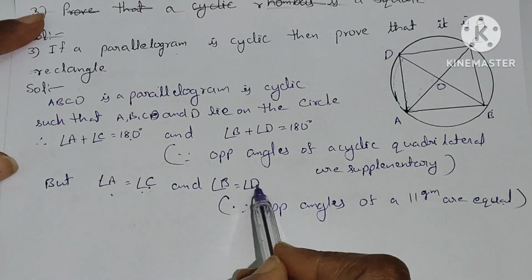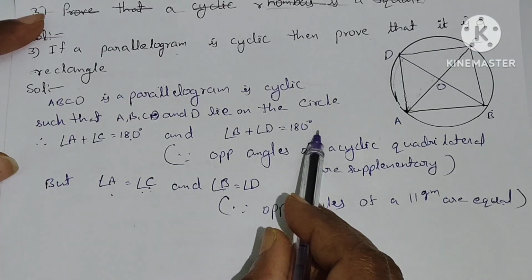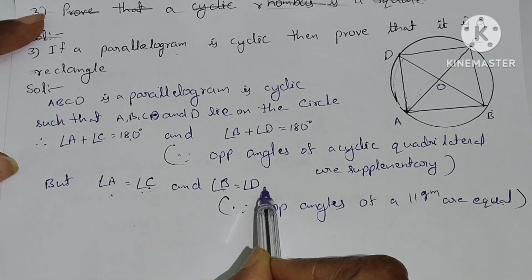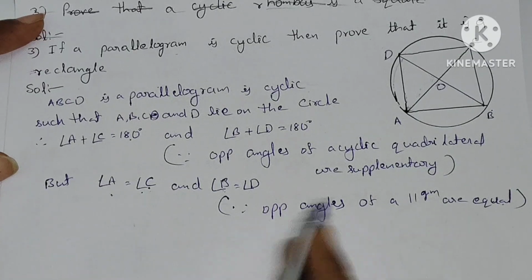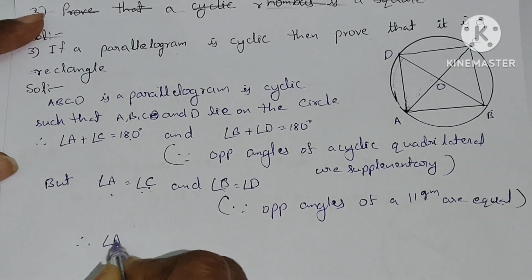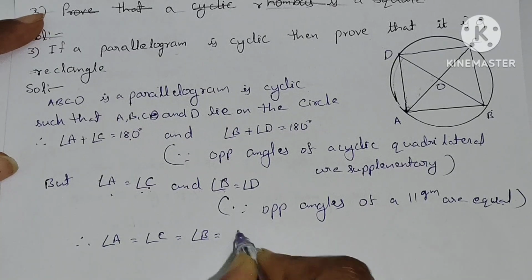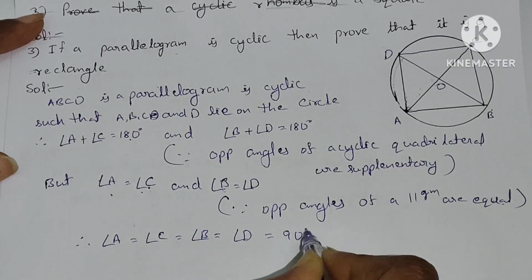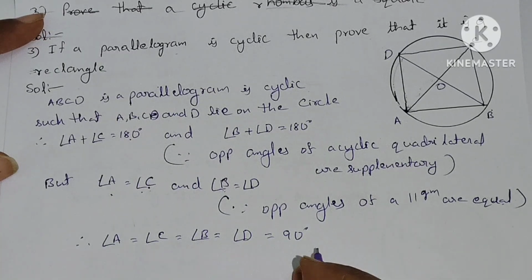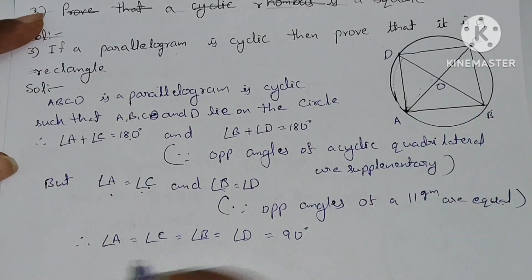Also, these two angles are equal and their sum is 180, so B and D are 90 degrees. So angle A, angle C, angle B and angle D are all 90 degrees. All four angles are 90 degrees, which means ABCD is a rectangle.